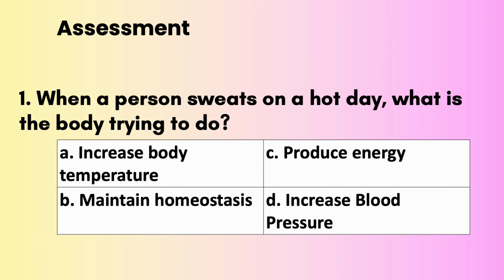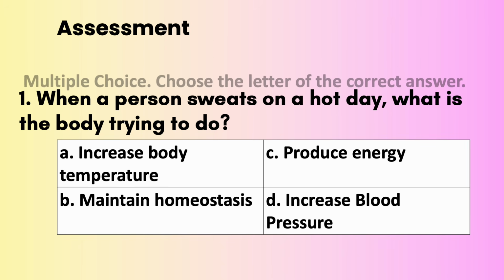Let's check your understanding. Question 1. When a person sweats on a hot day, what is the body trying to do? Read the choices carefully and connect your answer to our discussion of body temperature. Correct!